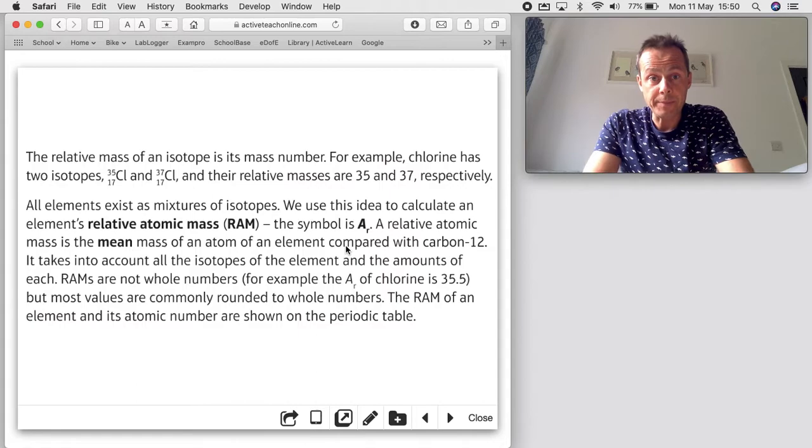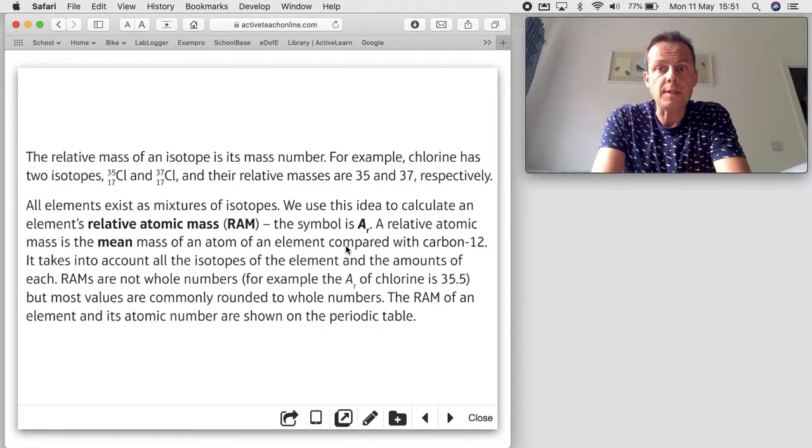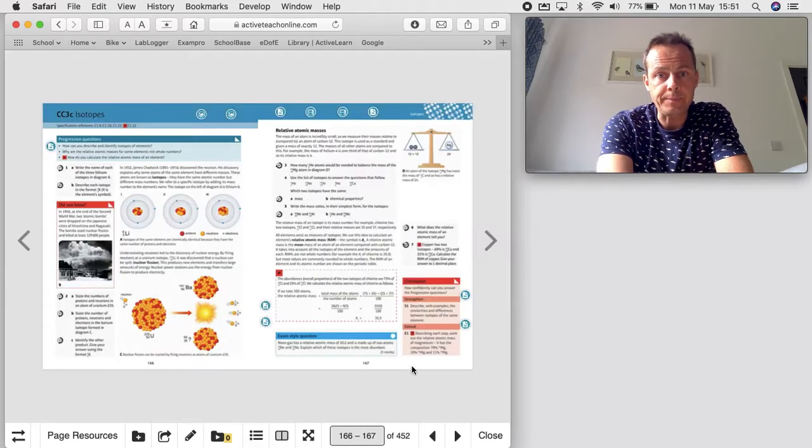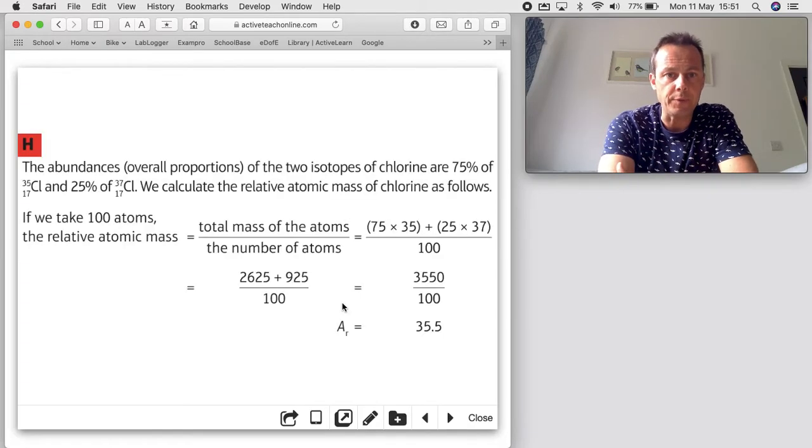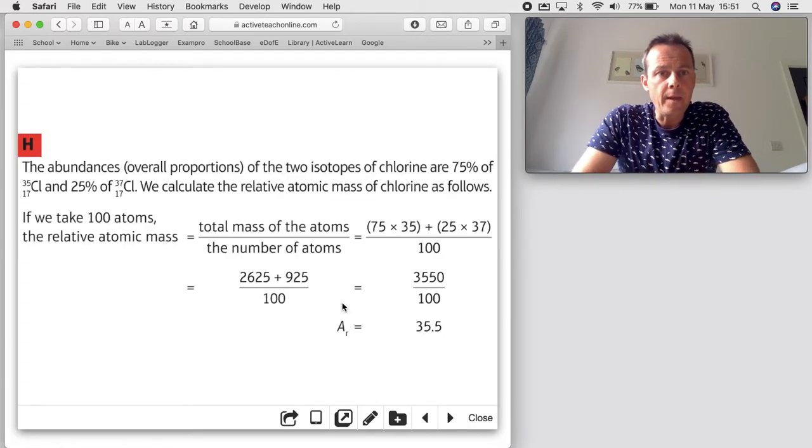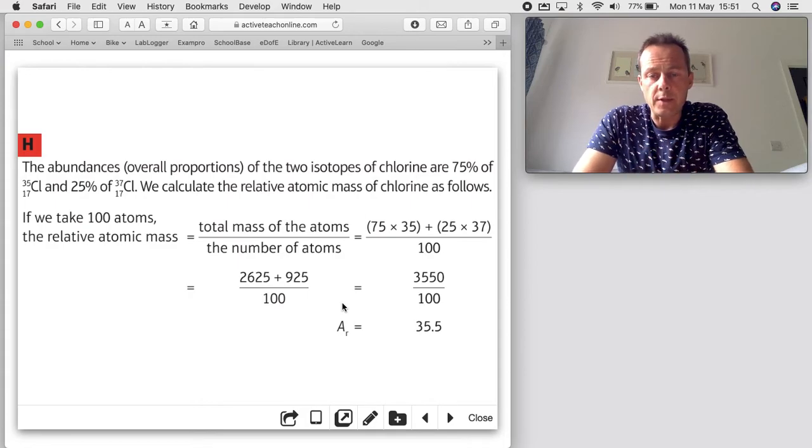Now moving forward, for the higher level students, there is a calculation based on some data that we can use to actually work out the relative atomic mass of an element. If we have a look at a worked example for this. So here, we've got the abundances of the 2 isotopes of chlorine. So 75% of chlorine is chlorine 35. 25% of chlorine is chlorine 37.